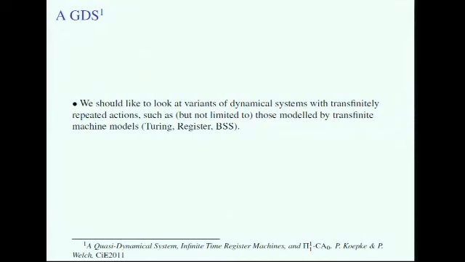Let's try thinking about what happens if you do this transfinitely, just for our own amusement here. So we're going to look at variants of such systems, and we can think of perhaps these as being modeled by transfinite machine models, Turing register machines or Blum-Shub-Smale machines.